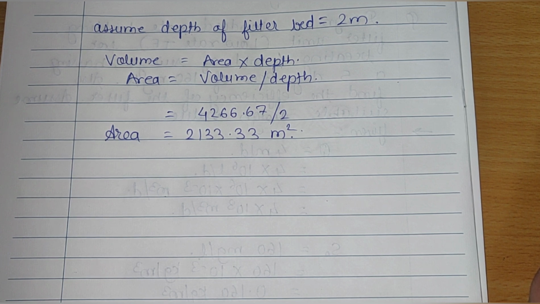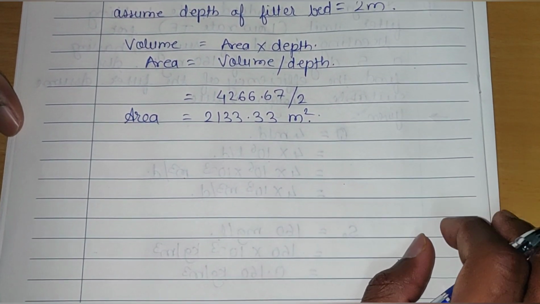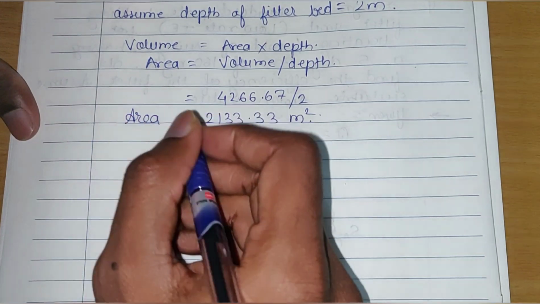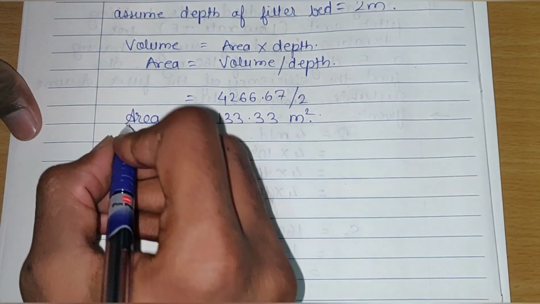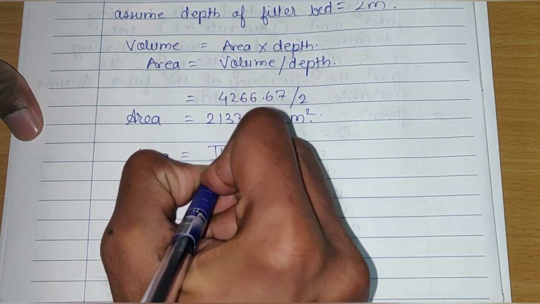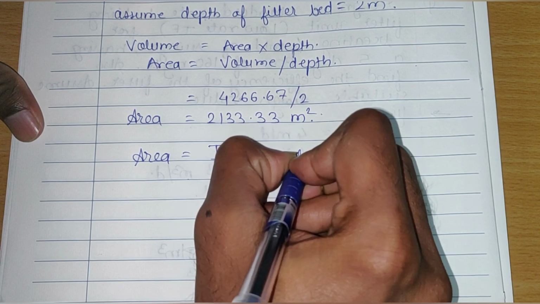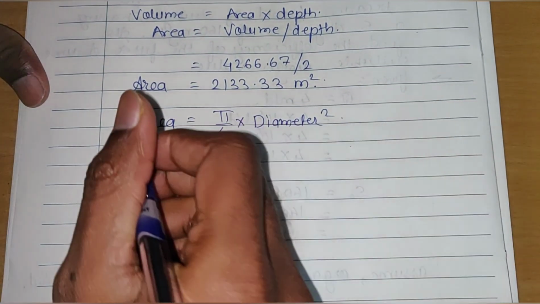Generally the shape of the trickling filter is rectangular, square or cylindrical. Most preferably the shape used is circular, so we will also assume the shape of the filter as circular. So let's find the diameter of the trickling filter. Area is equal to pi by 4 d square.